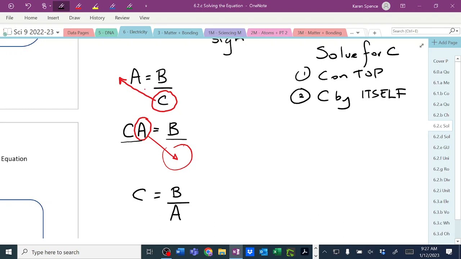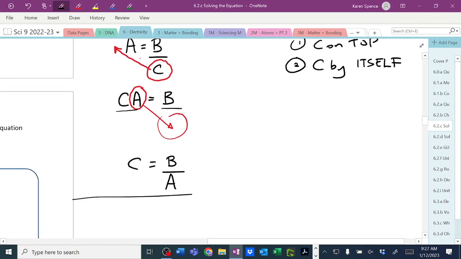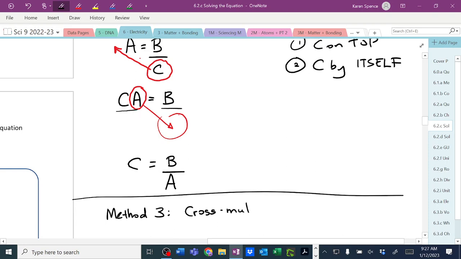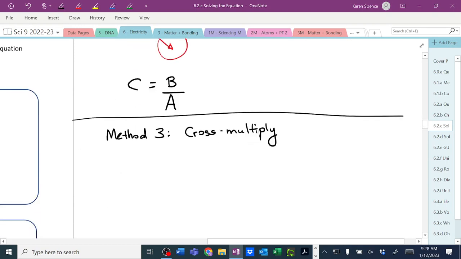You could do this by cross multiplying. A is equal to B over C. So now, because we need something on the bottom, we're going to put a 1.